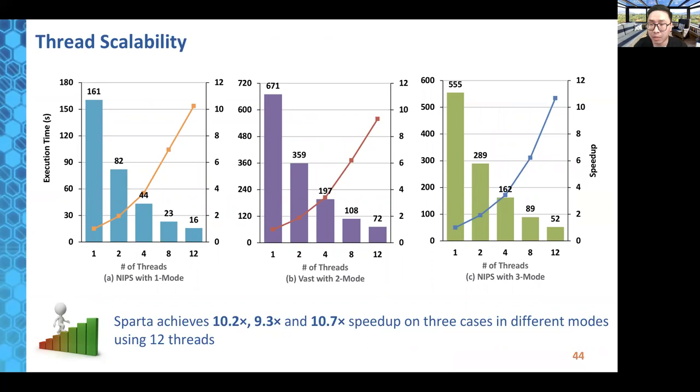The experiment on thread scalability shows that Sparta achieves around 10 times speedup on different modes using 12 threads, which shows the strong scalability of Sparta.